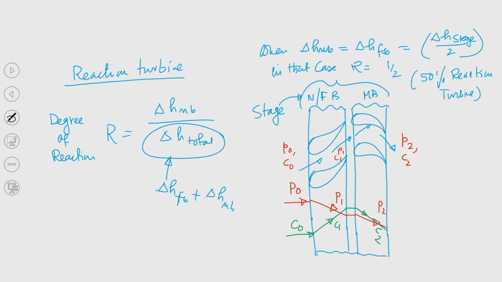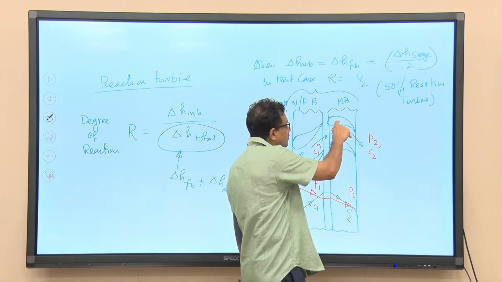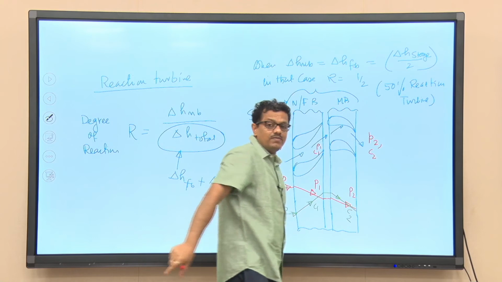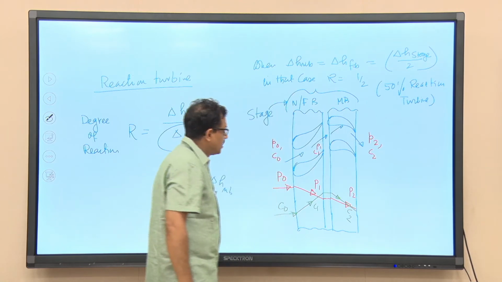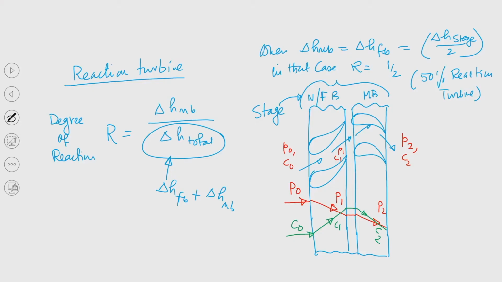When steam is passing through the passage between two consecutive blades in the moving blade row, then pressure falls, which is seen from this pressure distribution. So, P 2 is less than P 1, right.